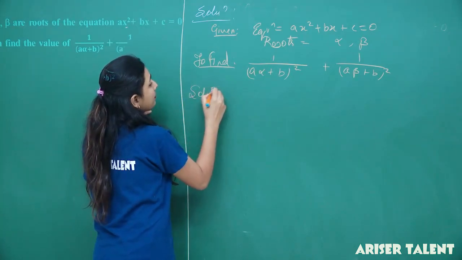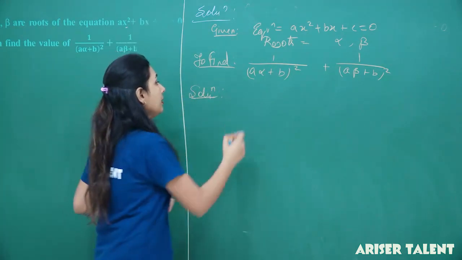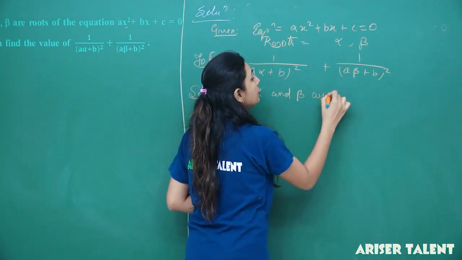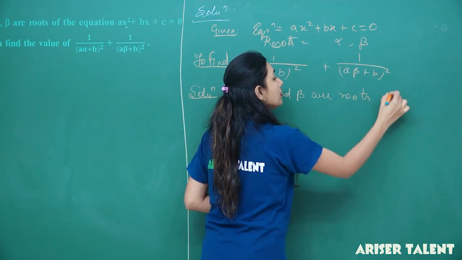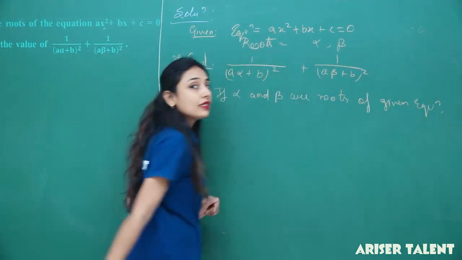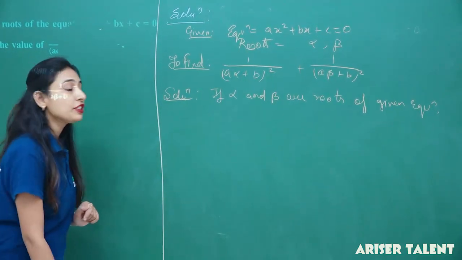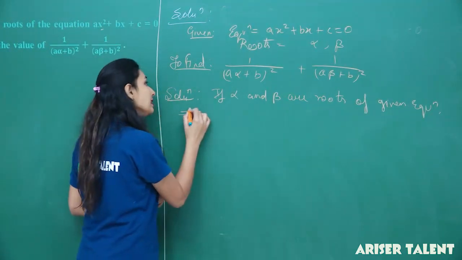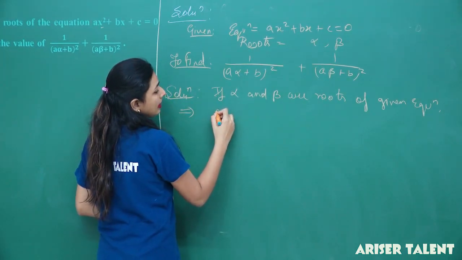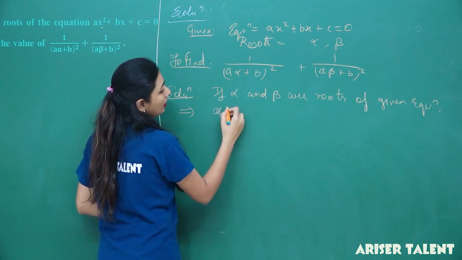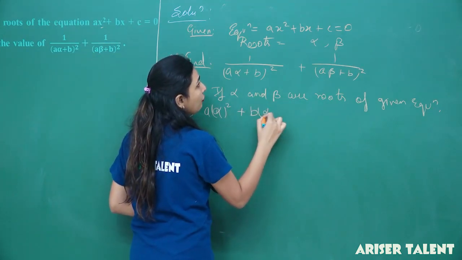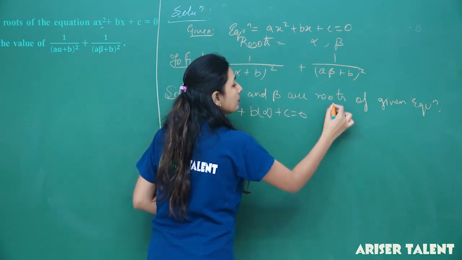we can write the solution. Okay, if alpha and beta are roots of the given equation, students, this implies that a alpha square plus b alpha plus c equals 0.